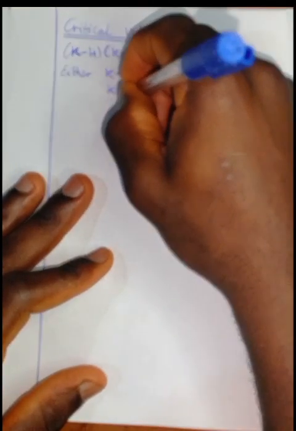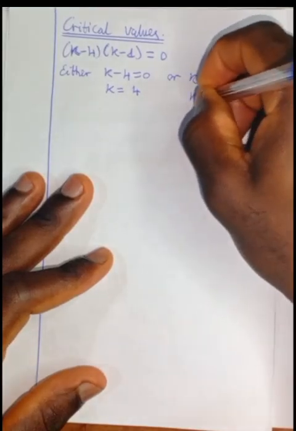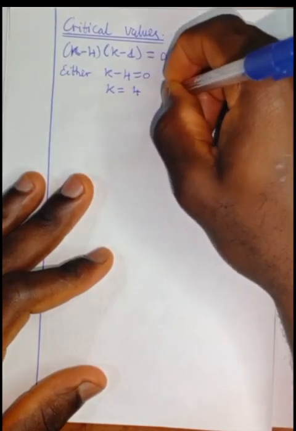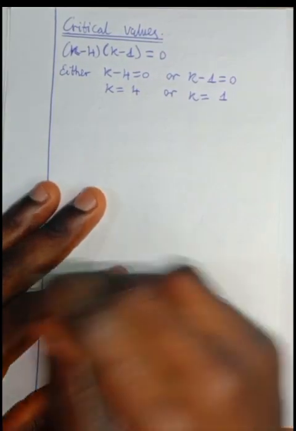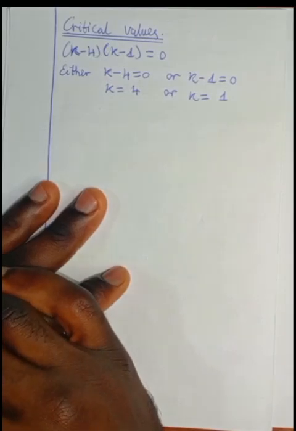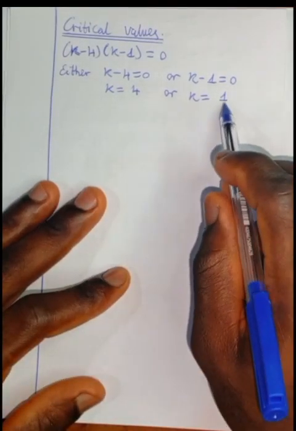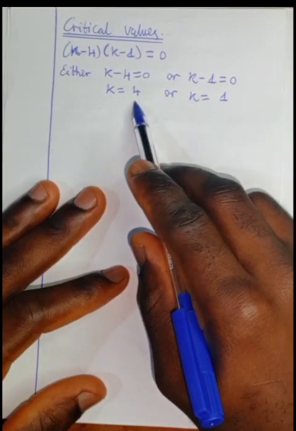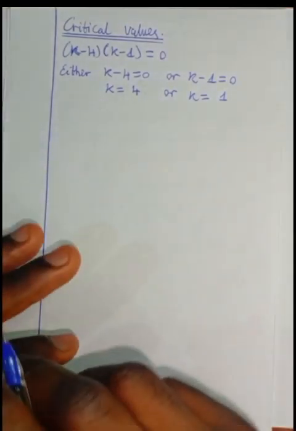Here k will be 4, right here k will be 1, so k equal to 4 or k equal to 1 are the critical values. Looking at the critical values, we know 1 is less than 4. So we are going to construct a table.